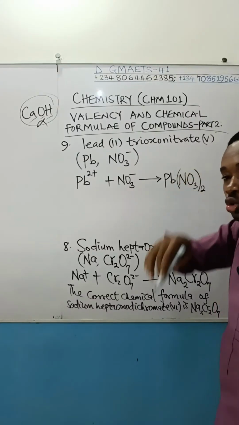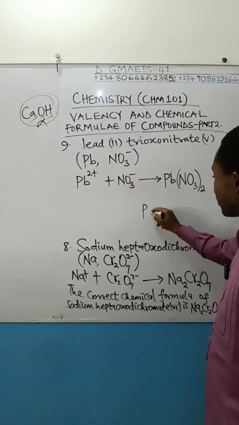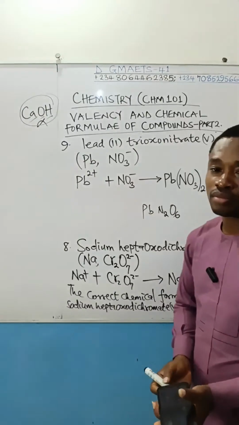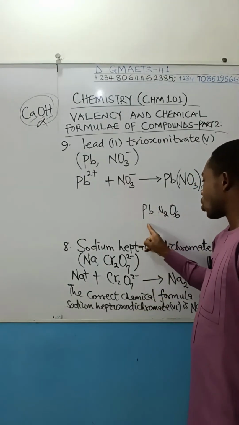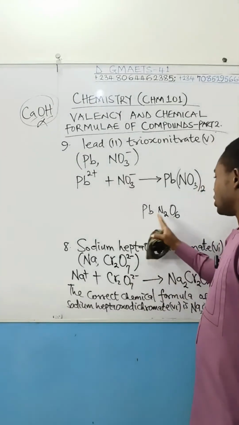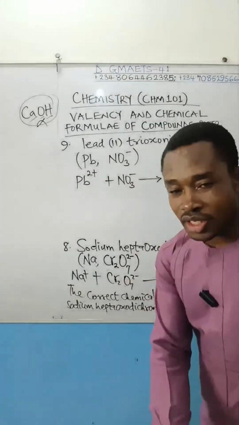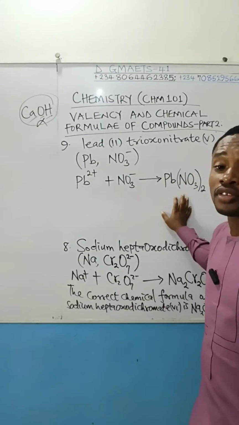You now have 2 outside. So, do you see that lead(II) trioxonitrate can still be written as PbN2O6? Where the ratio of combination, the mole ratio, is 1:2:6 from the atomicity. So this is the correct chemical formula of lead trioxonitrate, this or nothing.